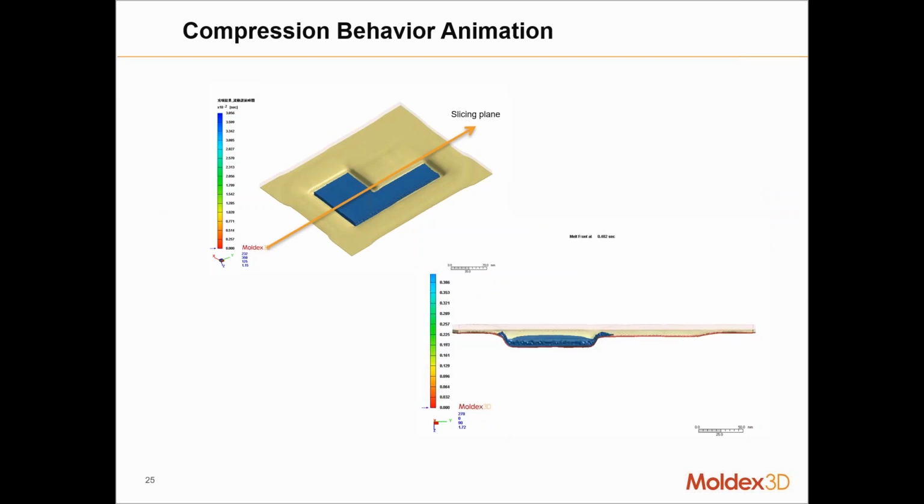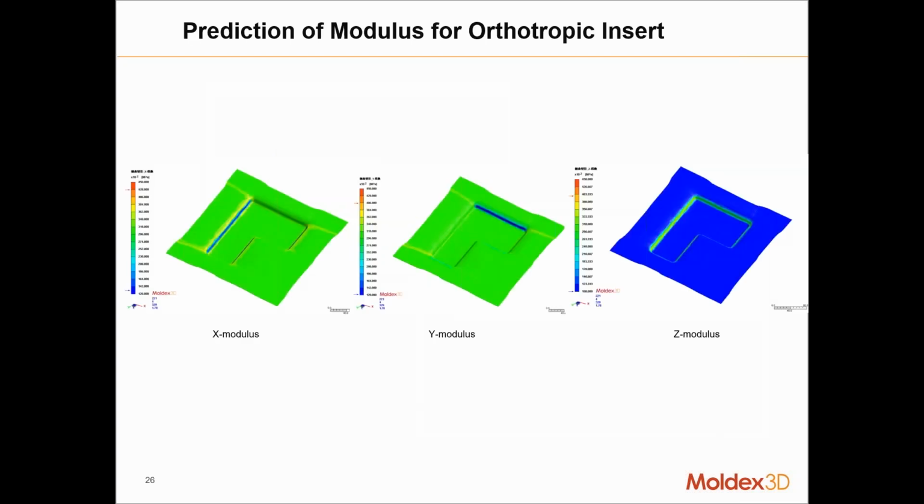Okay, so here is that same project. Bottom right, we can see a slight animation of the flow as the material progresses through the fabric. With simulation, we can get the modulus of our final part once the plastic or the material has been overmolded or integrated into our fabric.